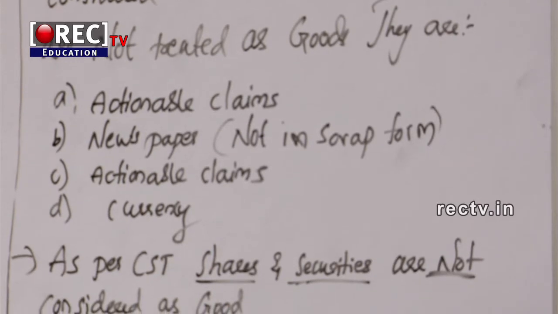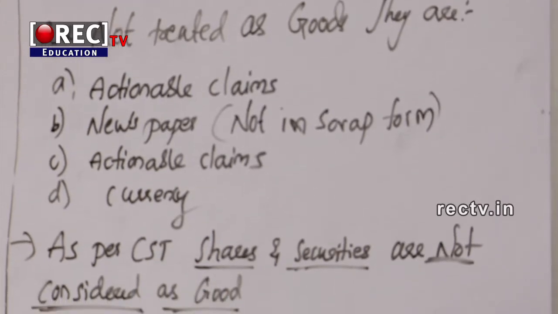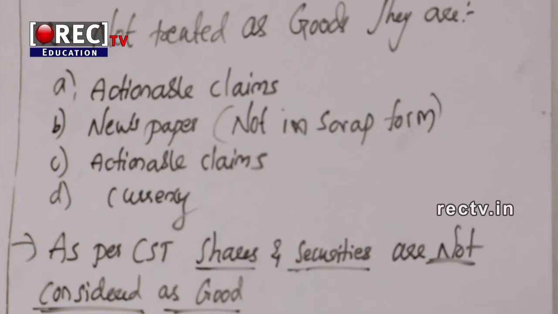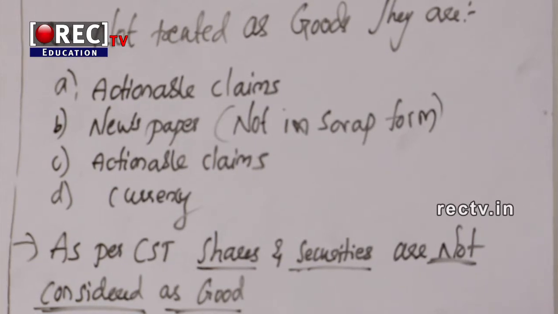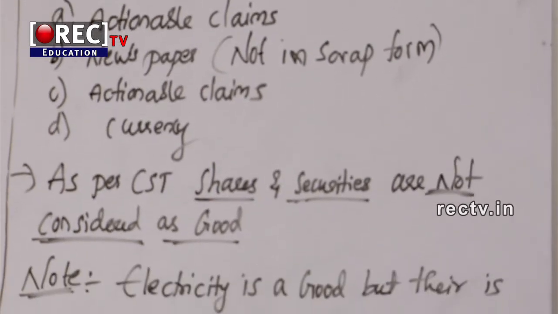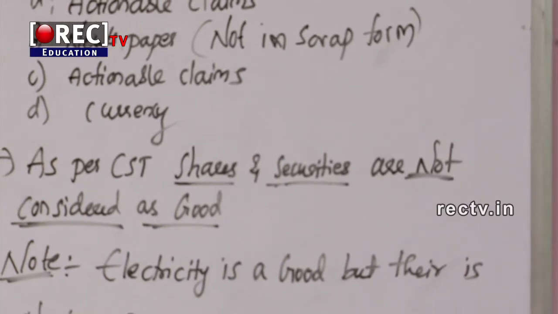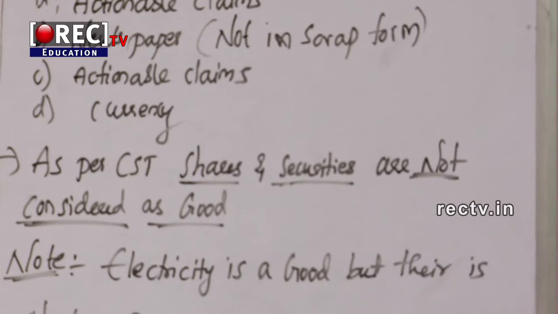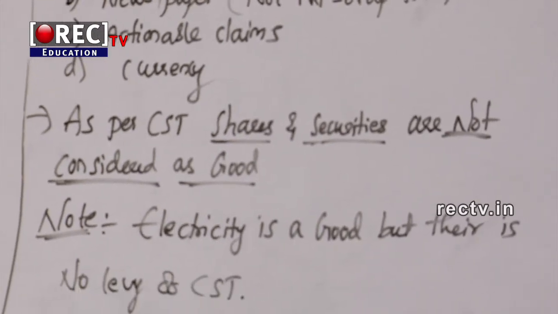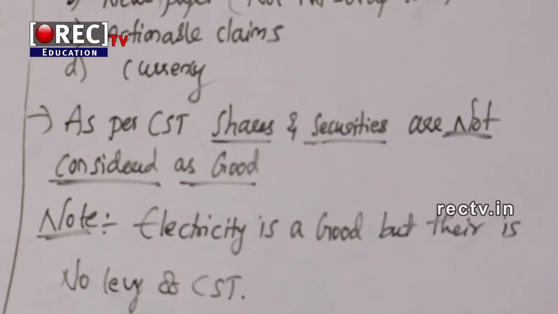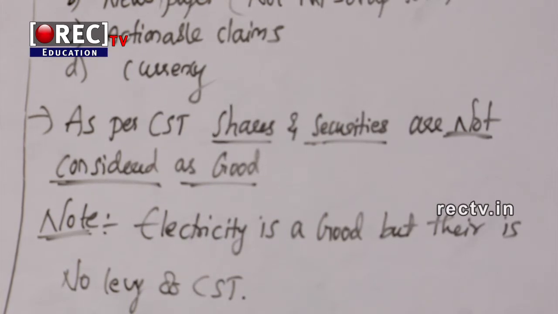Now, as per the CST Act, shares and securities, although they are goods, are not considered as goods. And electricity is no doubt a good, but there is no levy of CST when electricity is sold or purchased between two states.